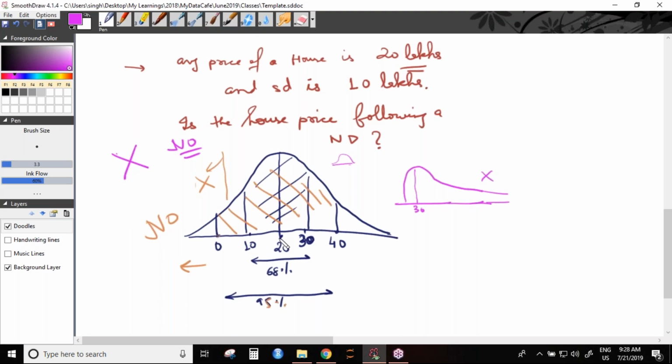A normal distribution tells us that if you go 2 standard deviations away, you get 95% of the data. But in this case, I cannot go 2 standard deviations below the average, because that gives me a price of 0, which doesn't make sense. So it doesn't follow the laws of normal distribution. It is probably something else.